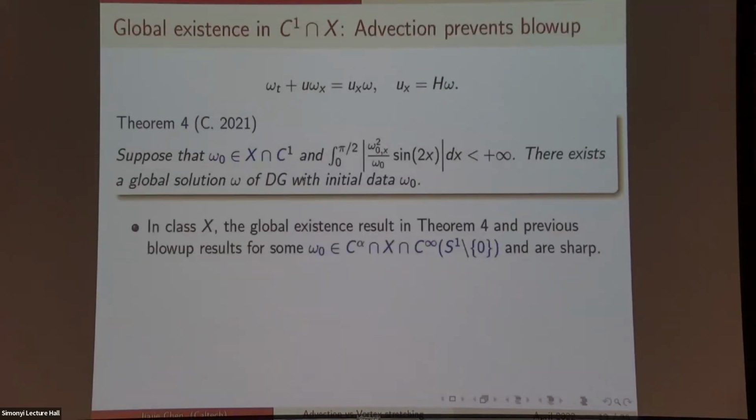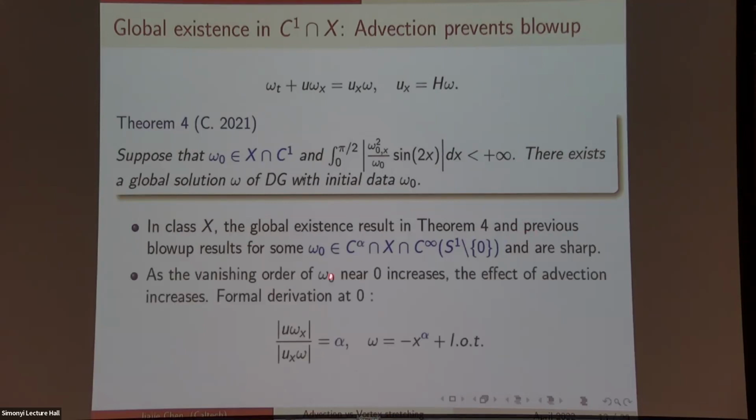Based on this criterion, we show that for C1 initial data in this class, with this mild assumption, the solution to this model does exist globally. So in this class, for C alpha data, it can blow up, but for C1 initial data, it exists globally. Combining these two results, we see that the blowup result and the regularity result are indeed sharp.